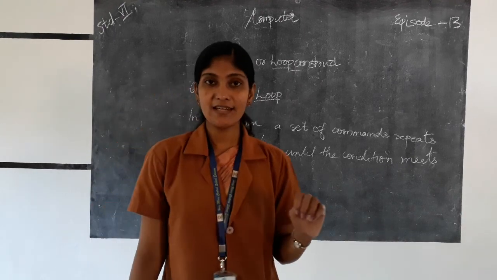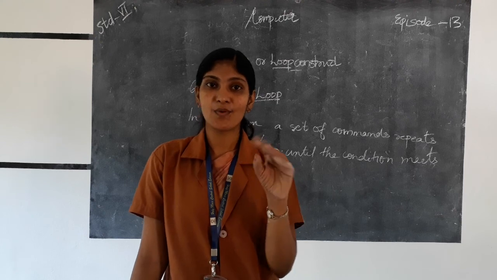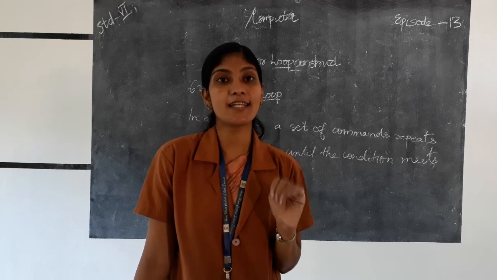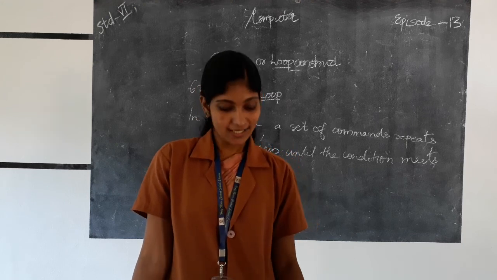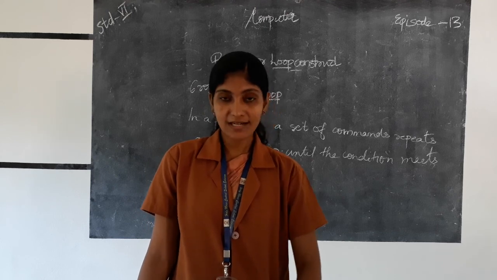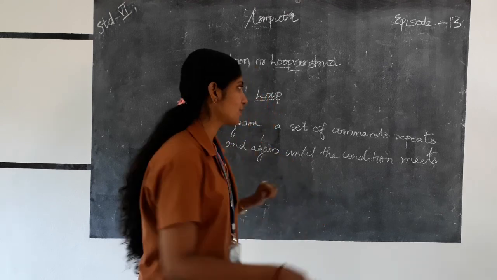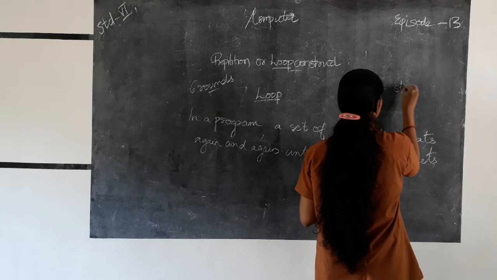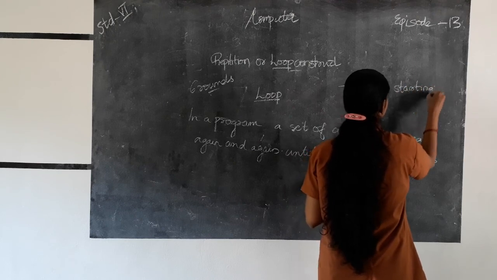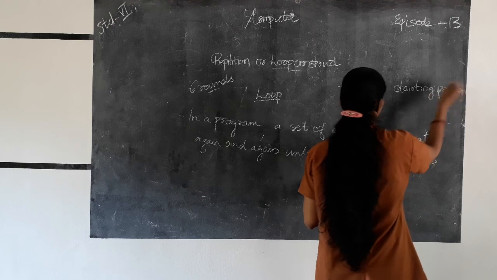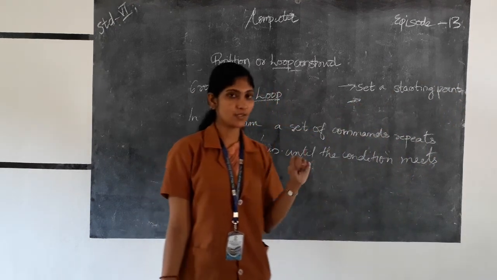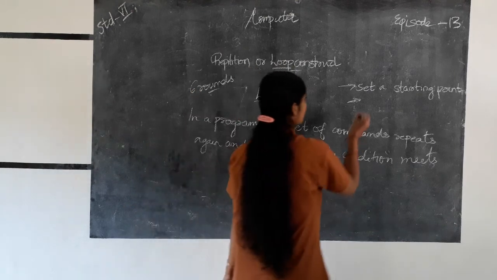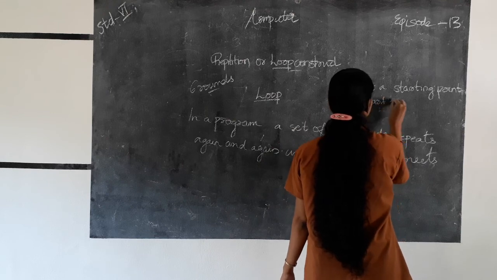Next, we know there are some procedures for running around the track. First, we have to set a starting point. So you choose a starting point to go. Next step, start running.